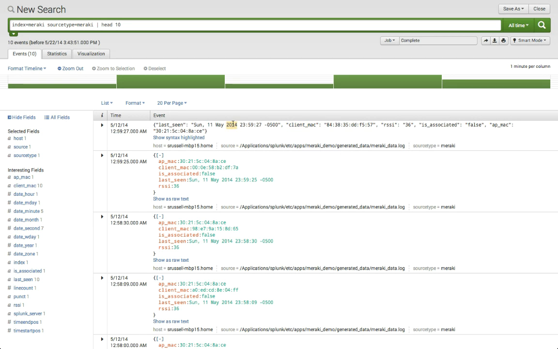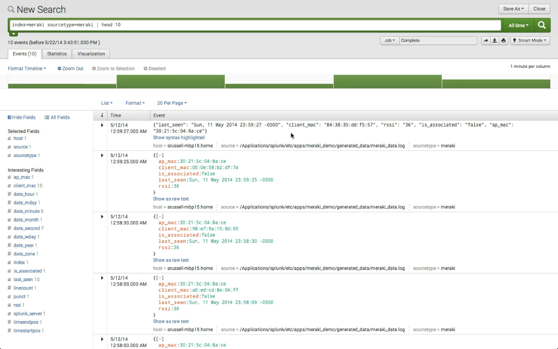It records the time that it happened, the MAC address of the client that walked by, whether or not that Bluetooth device is associated with the Cisco Meraki device, which most of the time with our data was false, and the MAC address of the Meraki device itself. So this is always going to be the same.